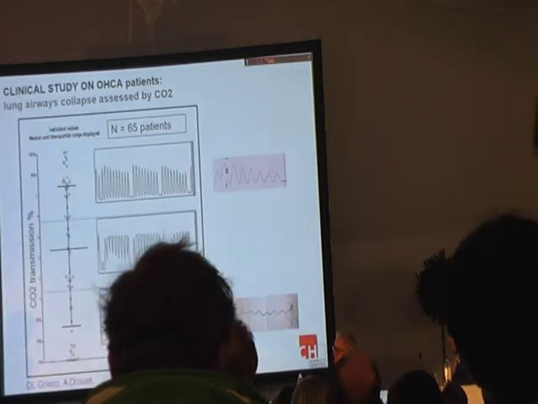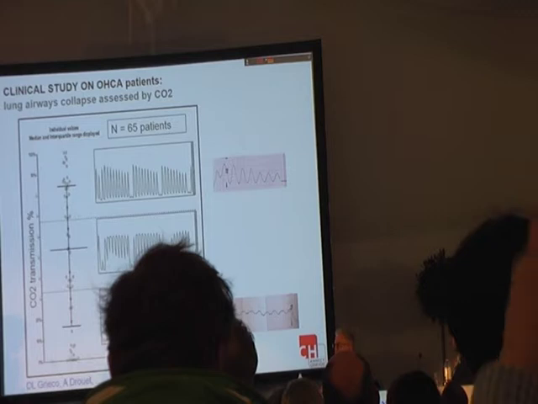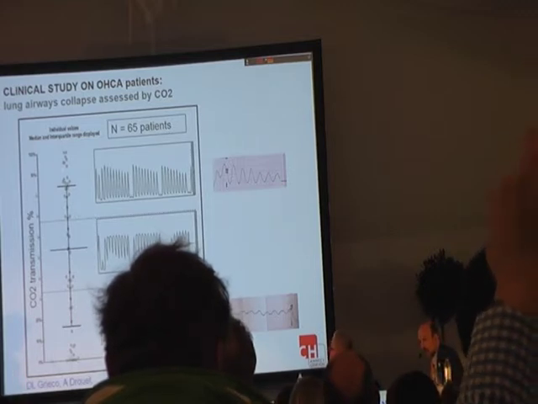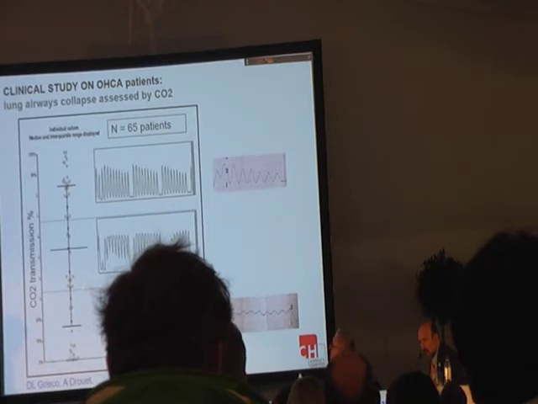ventilation during the resuscitation. And we have now much more than 65 patients in an observational study, and on this graph all the circles are the 65 patients, and this is the distribution of the CO2 transmission coefficient.